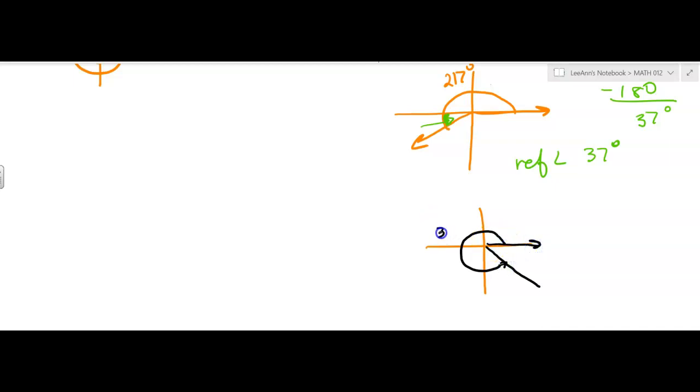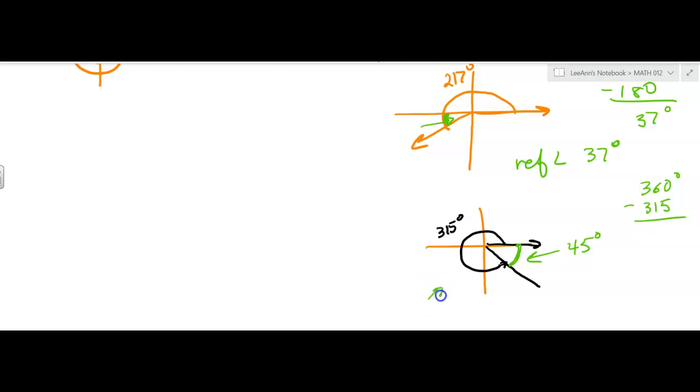Okay, 315 degrees. But the reference angle is going to be right here. So what is that reference angle? 45 degrees. Now how do I get that? It's 360 minus the 315. So remember I said always go to the x-axis. So that's what we're doing.